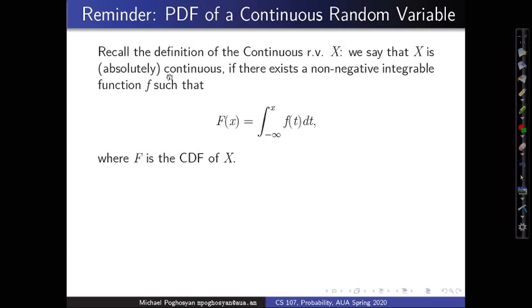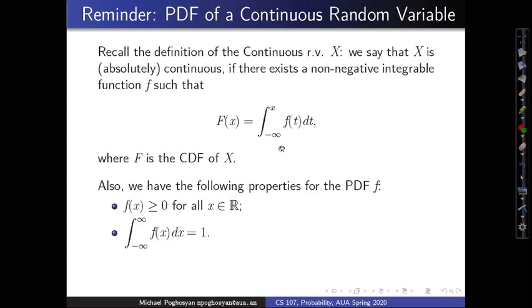We say that x is absolutely continuous if there exists a non-negative integrable function f, called the Pdf, such that the CDF of x is the integral of that Pdf from minus infinity to x, for any x from R. And our Pdf is a function satisfying two properties: it is non-negative for any x, and the integral over the real line of our Pdf is 1.